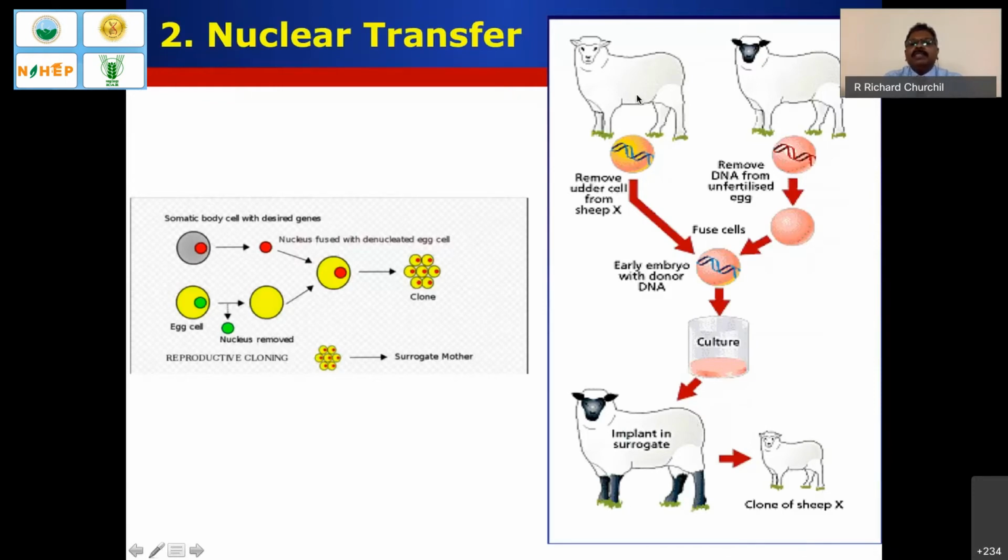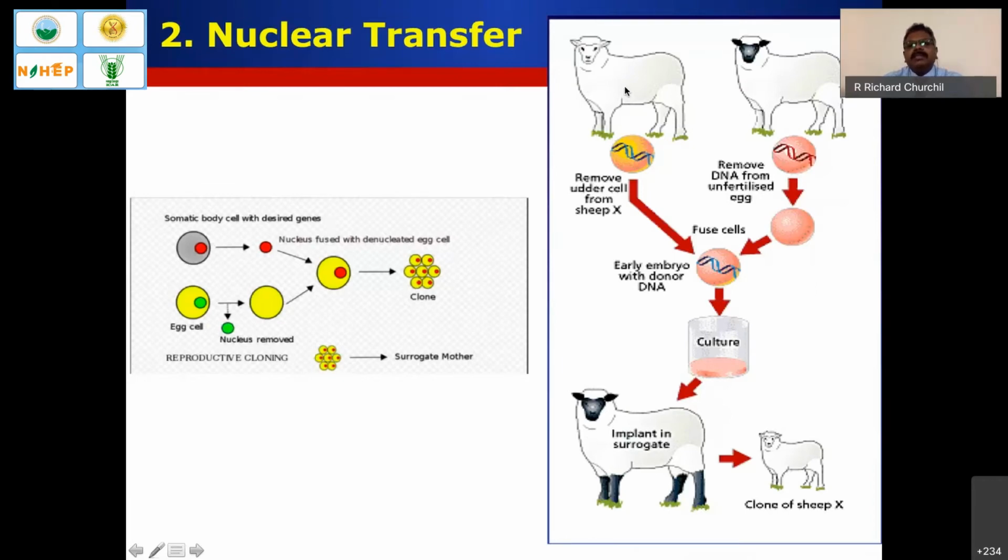A somatic cell from the nuclear donor is taken, and the nucleus of that cell is introduced into the ovum of the ovum donor. After giving some stimulation to grow, this ovum with the nucleus of this animal will be implanted in the surrogate animal, and it gives an individual which is the clone of the sheep.